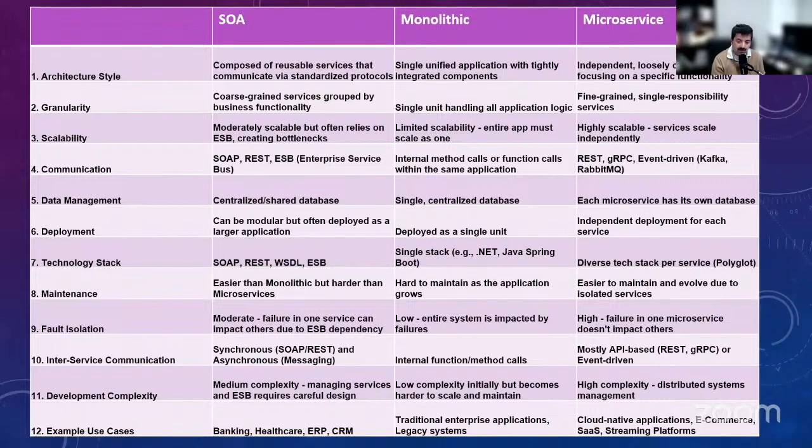If the sales application is down, orders can still be processed. If catalog is down, order can still be processed. Inter-service communication: SOA used SOAP, REST, asynchronous. Monolithic uses internal function calls, and as we discussed earlier, microservices use REST, gRPC, or event-driven.